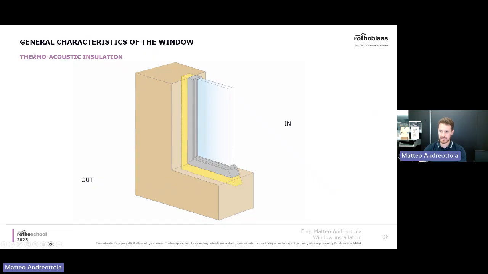Then we also have a second layer, which always needs to be there basically, and it's the thermoacoustic insulation. This one usually is not a tape. This is an expandable profile. You can use an expandable profile like Expand Band from Rotoblas, or you can use foam.